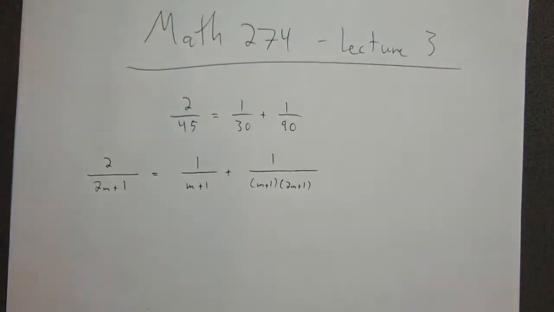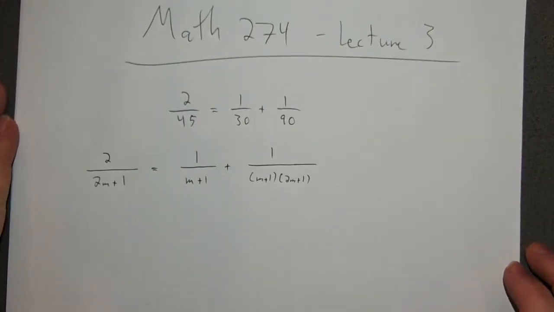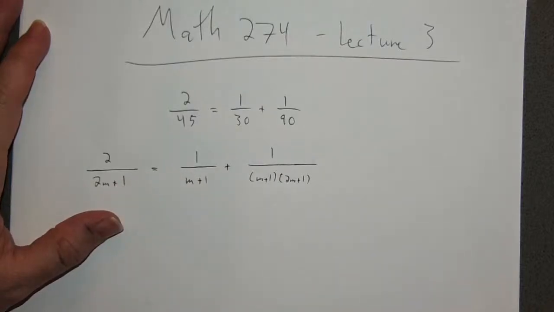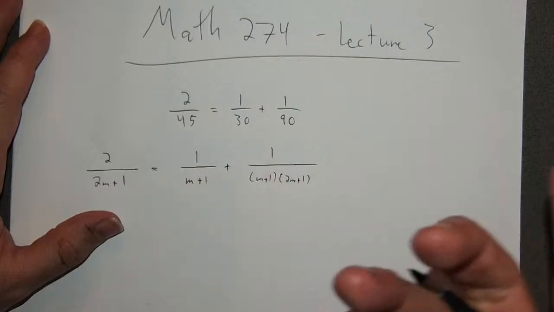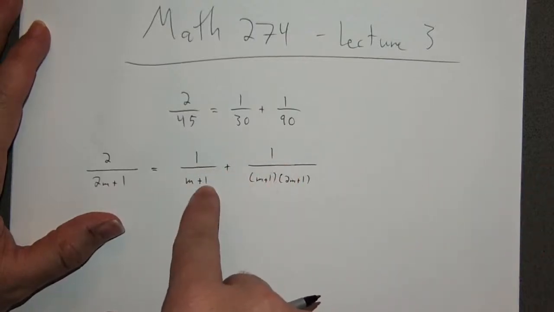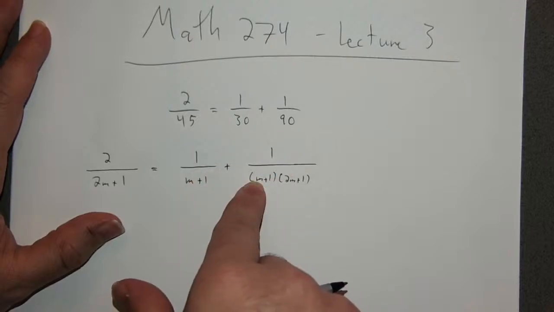Now, why is this always true? Let's just do the algebra here to check that this is true. First of all, I'm adding fractions here, so I need a common denominator so that I can actually add these things.